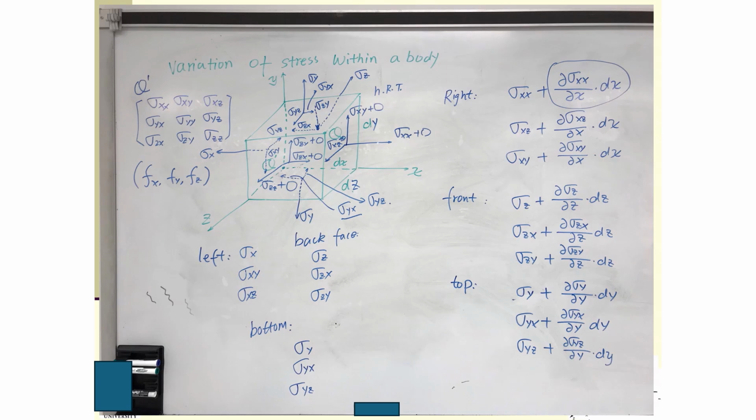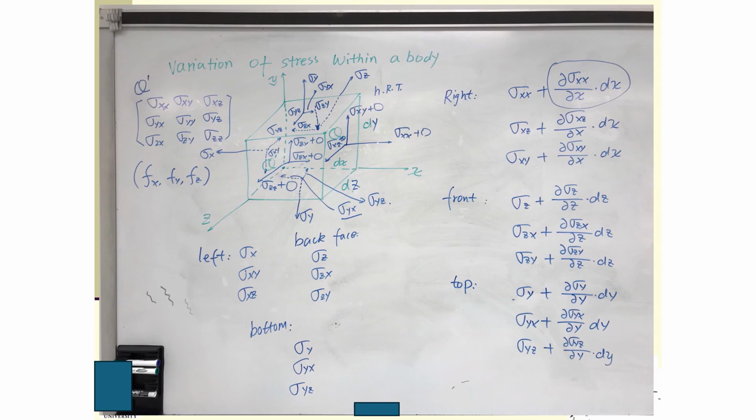Because these subscripts have their own significance. I need to tell you. For example, sigma zx, what does the z stand for, and what does x stand for? Keep in mind and pay attention to what I say.